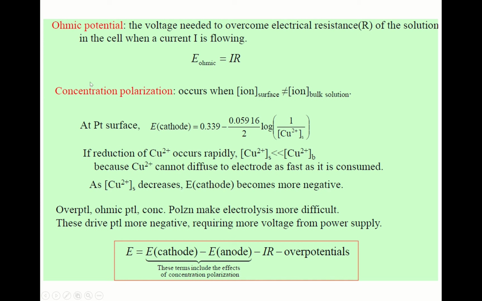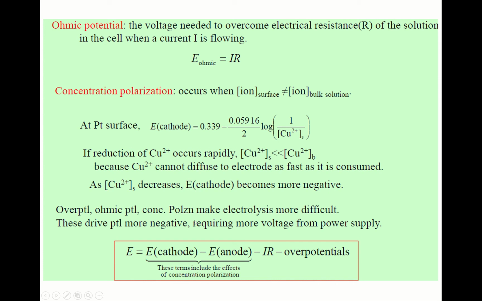That's why the concentration polarization sets up. So what was the result of this concentration polarization? The result is that you have to apply more negative voltage to the electrodes. As copper ion at the surface decreases, the cathode potential becomes more negative.